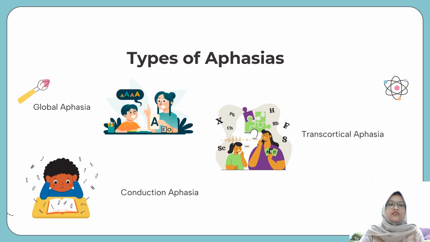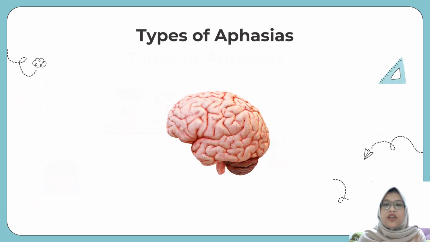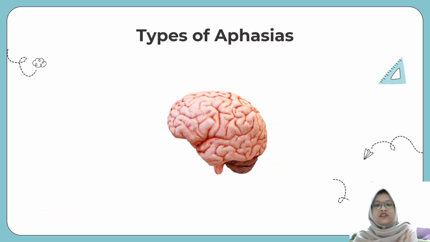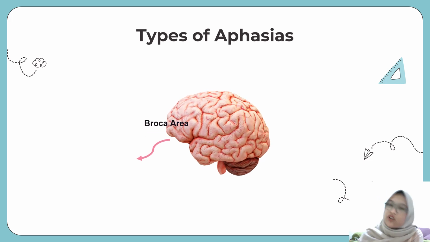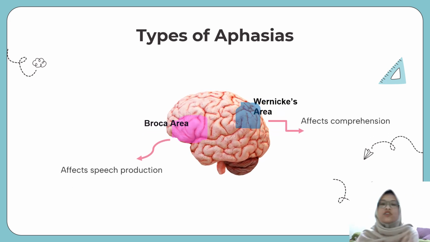They can repeat words but have struggles with the fluency and understanding. And the main two types of aphasias is Broca's area and Wernicke's area.